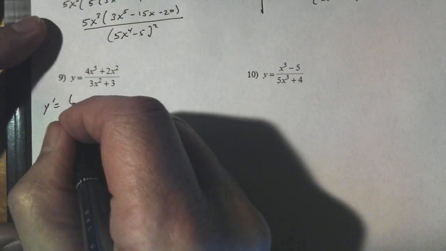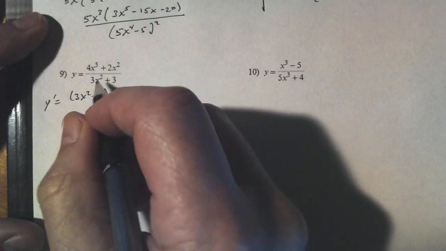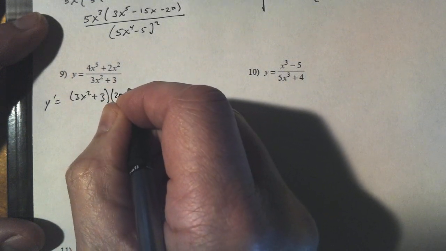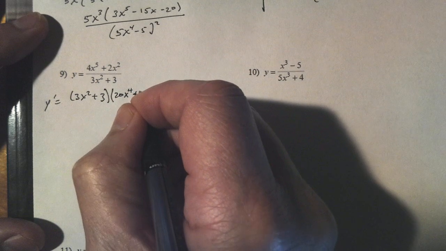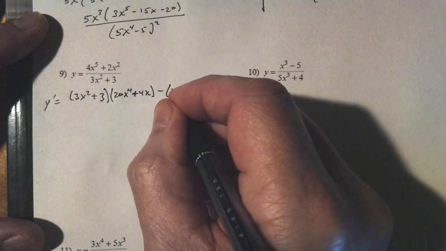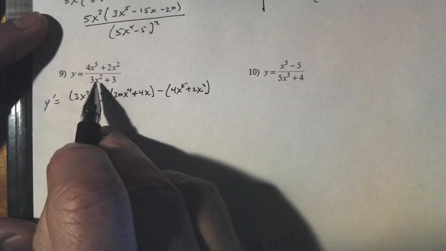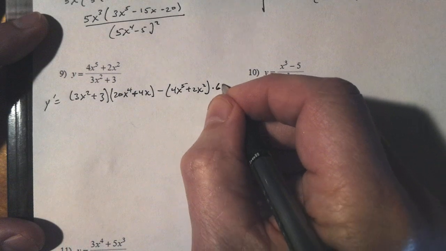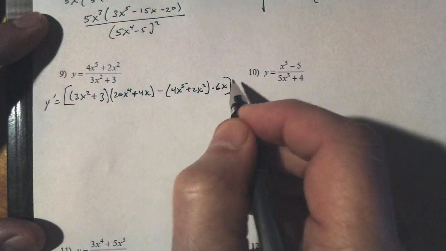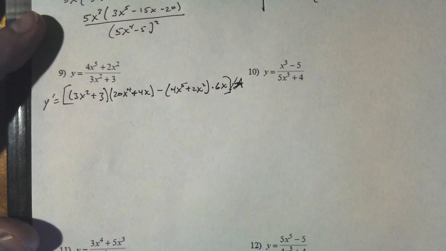Y prime equals low 3x squared plus 3 d high 20x to the 4th plus 4x minus high, 4x to the fifth plus 2x squared, d low times 6x. All on the square of the thing below, which I'm not going to forget about later on.